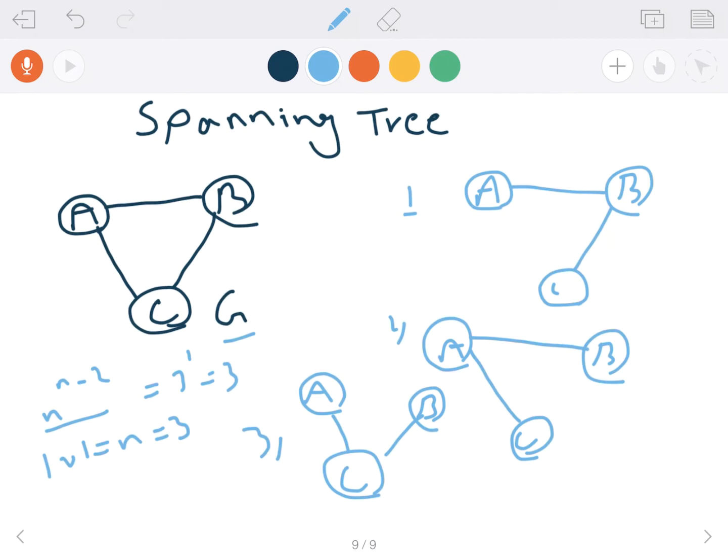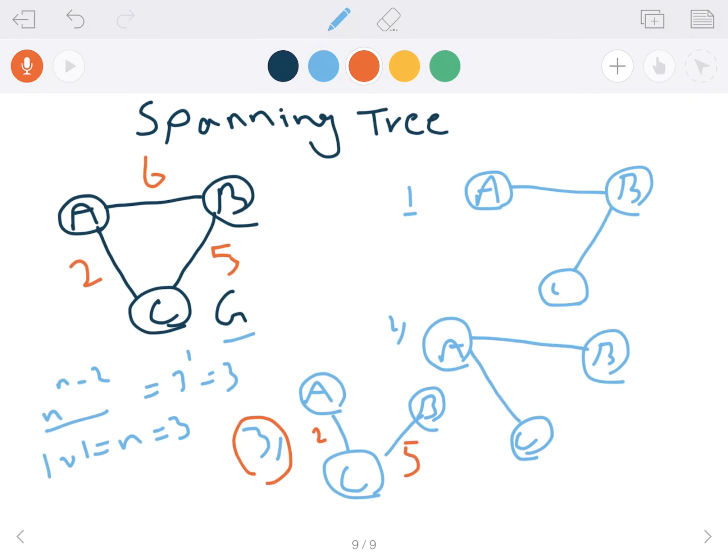Now, for example, if there are weights associated with the edges, let's say there's a cost of 6 here, 5 here, and another one here is 2, then you are going to find the spanning tree that has the minimum cost. In this case, the third spanning tree is going to have the minimum cost, because the cost from A to C is 2, and from C to B is 5.